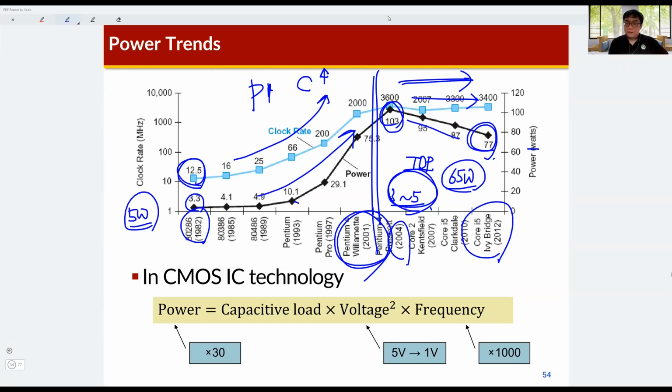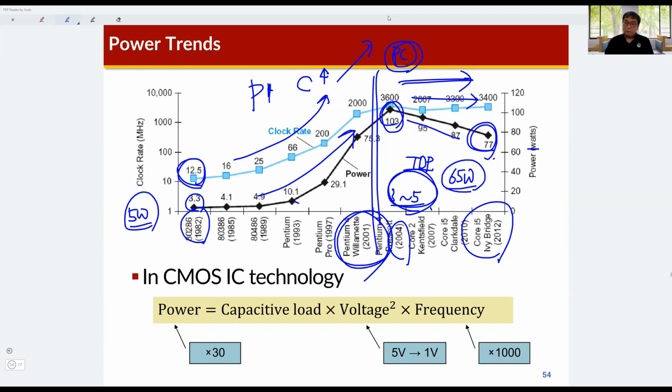So actually, the power consumption is the restriction of our CPU manufacturing. If we increase this clock frequency continuously, then we can make a better CPU more easily. So we can just increase the clock frequency. But the problem is that if we increase this clock frequency, the power consumption is exponentially increased.